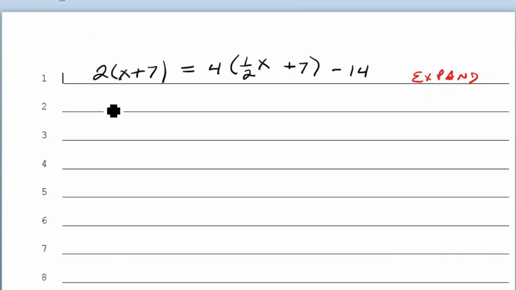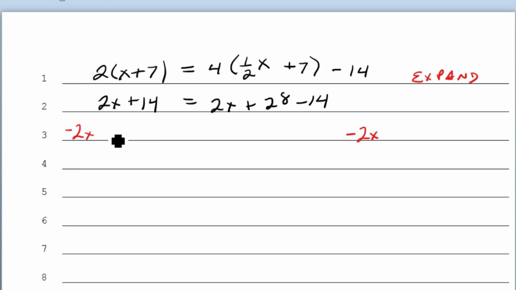And we'll end up with 2x plus 14 equals 2x plus 28 minus 14. Then we do our usual routine. Put all terms that have the variable x off to the left side. And that means adding a minus 2x to both sides.